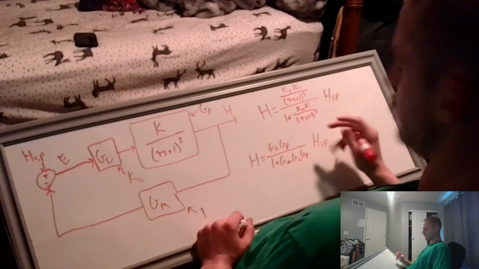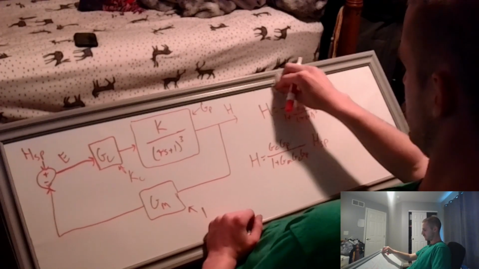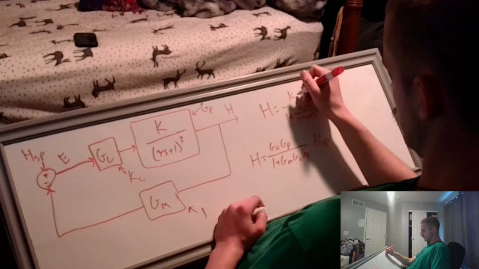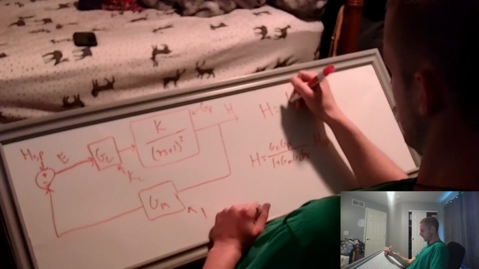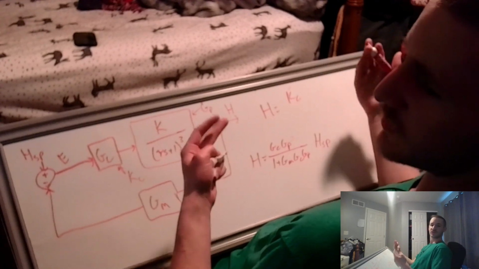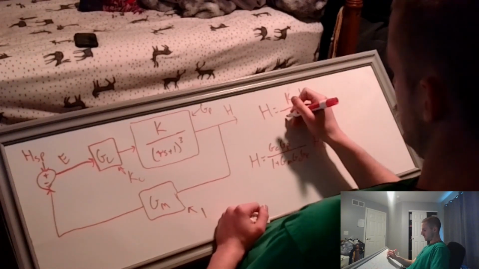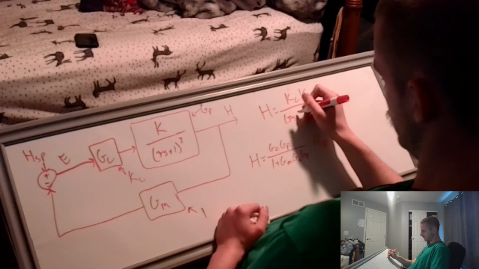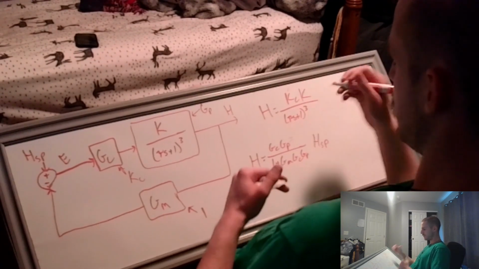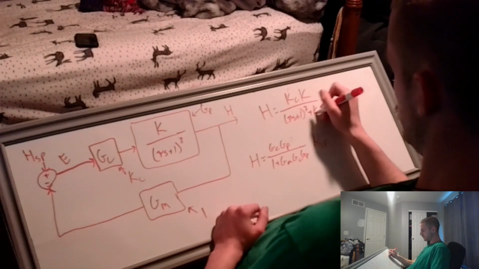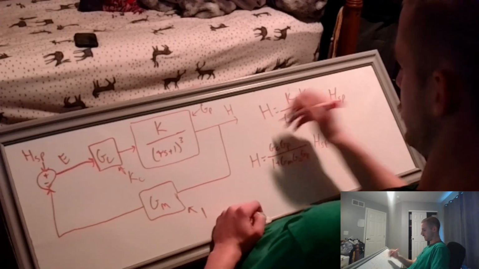Now this looks very messy, so I'm just going to multiply everything by (tau s plus 1) cubed. So what we get is (tau s plus 1) cubed over (tau s plus 1) cubed, so we get Kc k over (tau s plus 1) cubed plus Kc k, times our height set point equals our height.